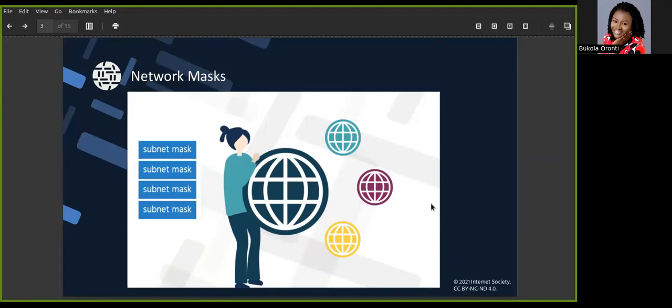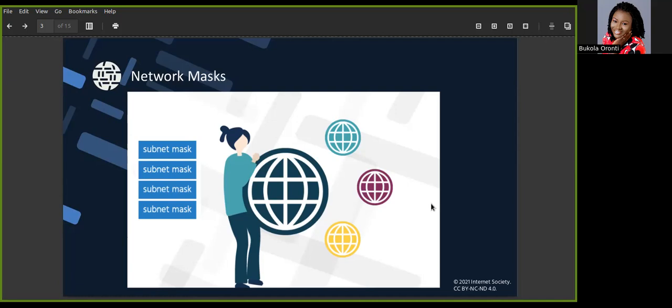Based on the network mask, we know which group of octets handles the network path, which you can't change. It just helps to identify that it's from this particular network. And the other part helps us know it's for a particular machine within that network, which is known as the host.